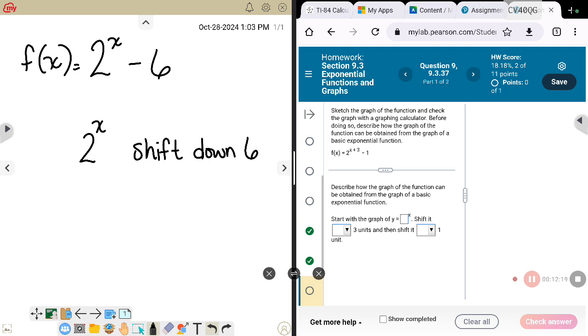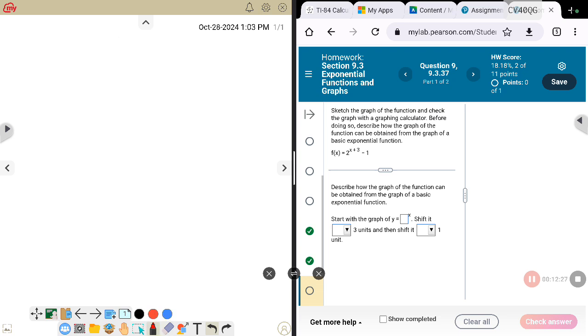All right, last example on this video. We have f of x equals 2 to the x plus 3 and then minus 1. So we are starting off, our base again is 2 to the x power.